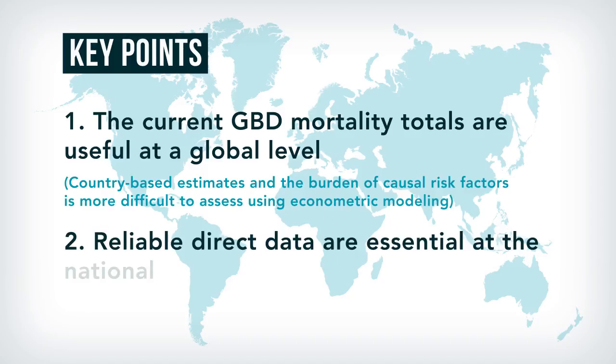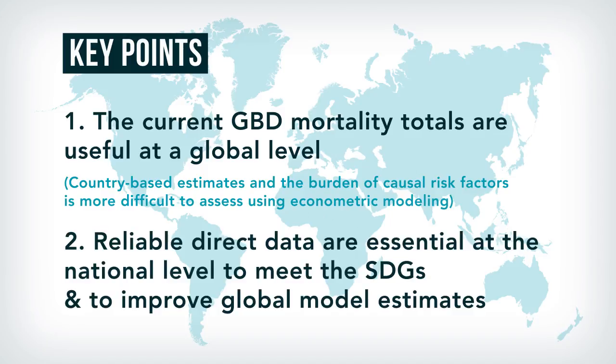The second conclusion, and most important, is that reliable direct data are essential at the national level. Direct data not only give each country a clear roadmap to meet the SDGs, but importantly, direct data can improve the global modeled estimates as well.